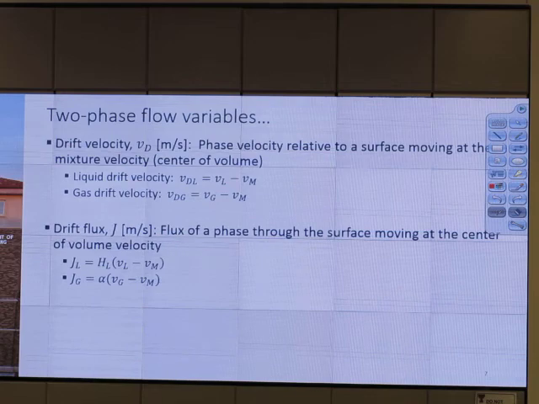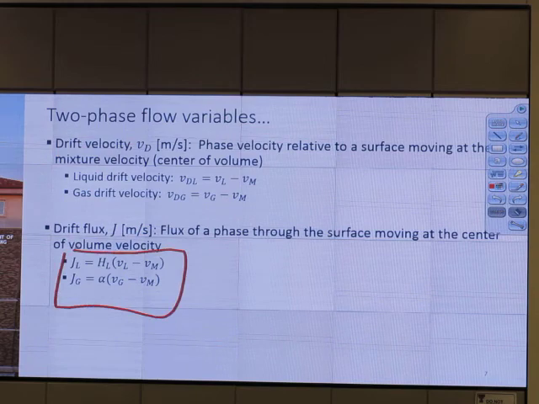Drift flux is the flux of a phase through a surface moving at the center of volume velocity. Mathematically, it's like that. Do we use it? Not really. Do I want you to know? Yes.